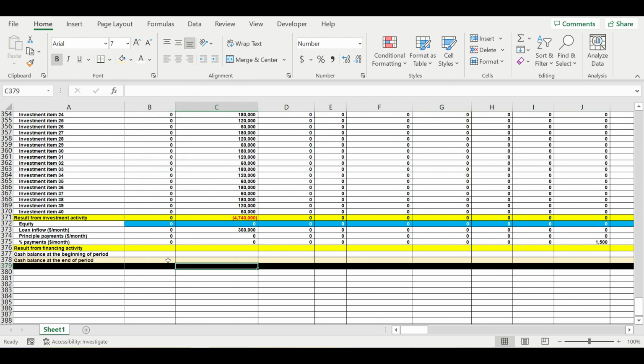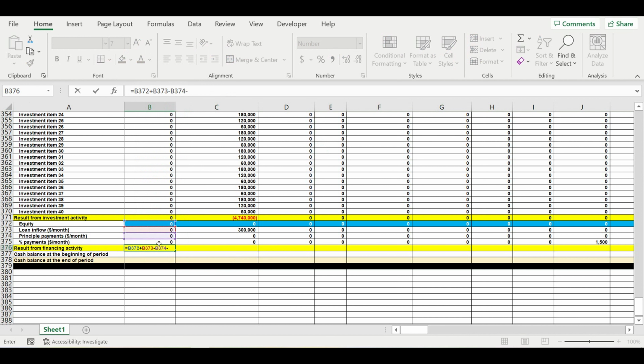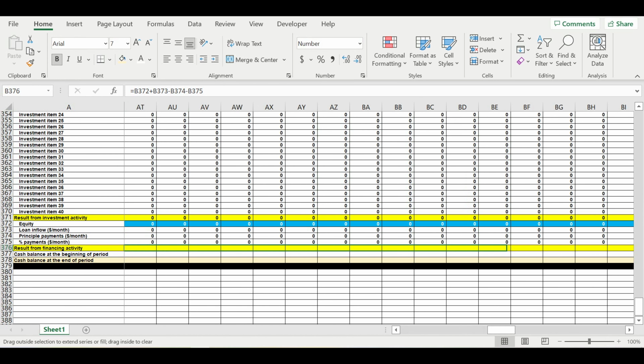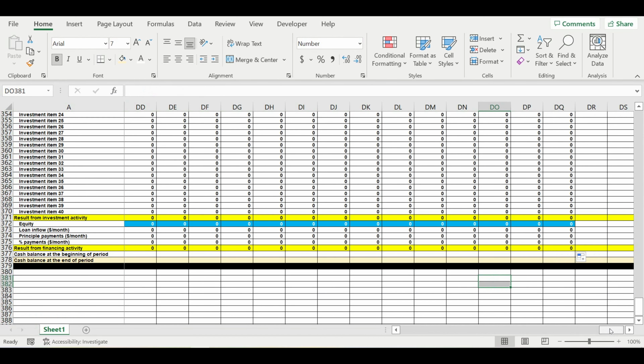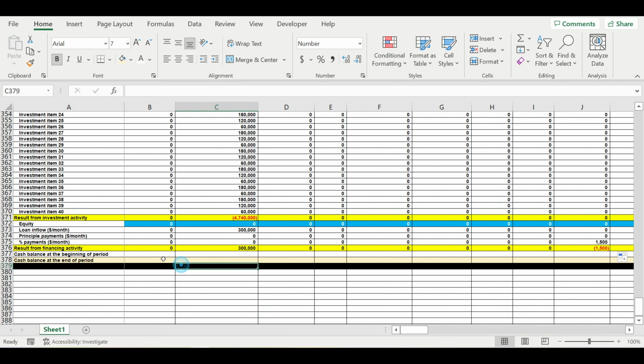Then for financing activity, we will take your money plus bank minus payments for taking a loan. Then we go on the first month, we have 0 cash balance at the beginning of the period.